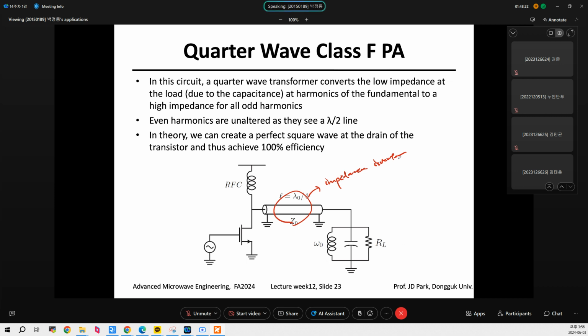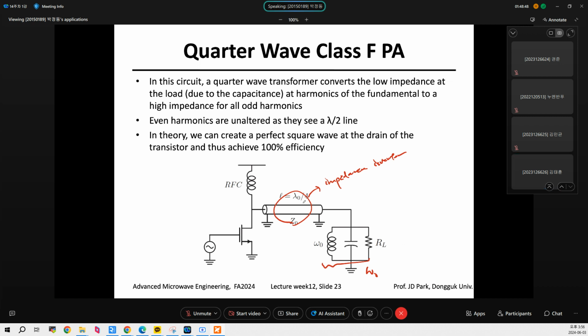Let's say this is operating at omega zero. At omega zero, what is this? This is a parallel network. Okay. So this is a lambda over 4.